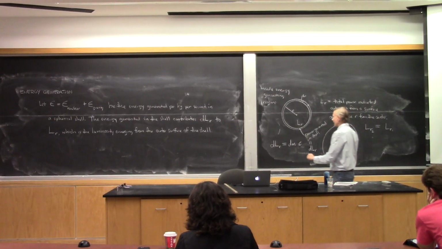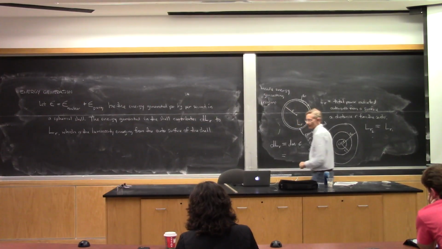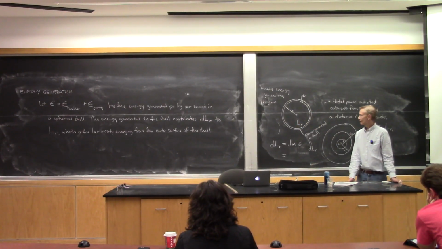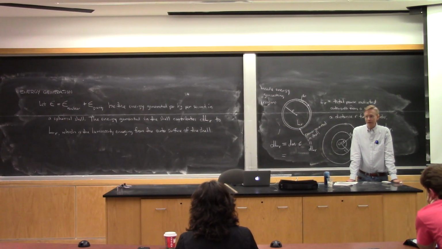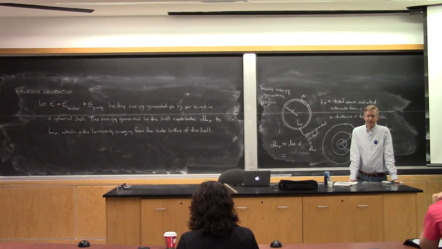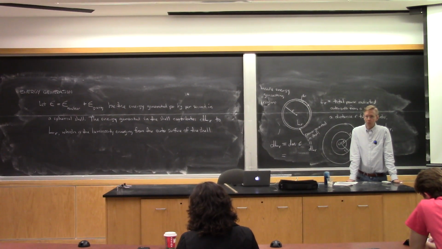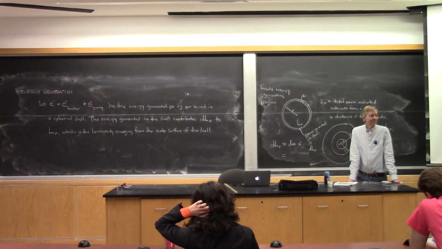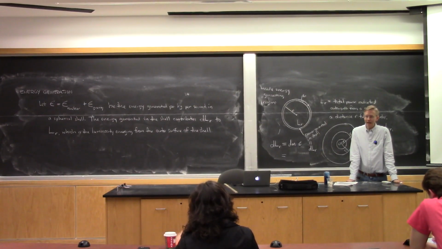Well, if only we had an expression for what dm is in terms of, say, the radius and dr. And maybe the density. What's dm? It's that whole 4 pi r squared rho dr, right?